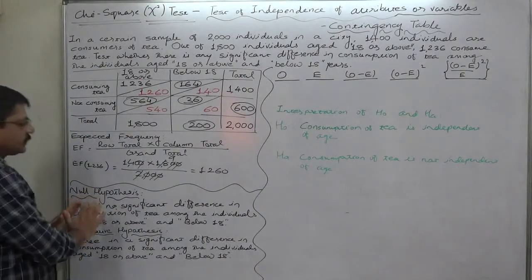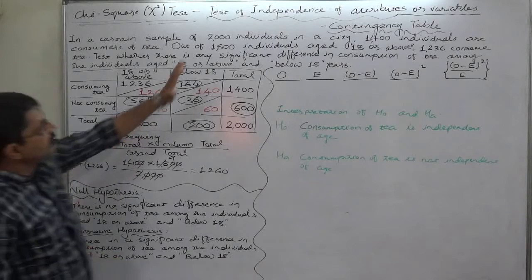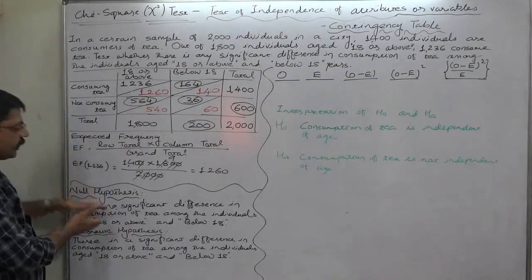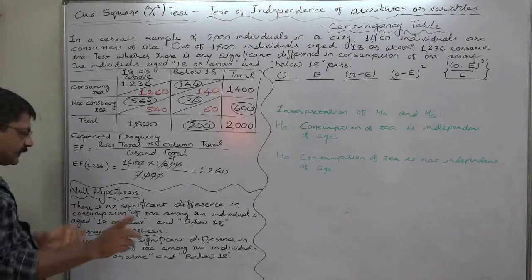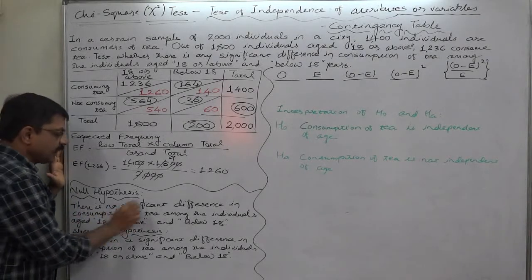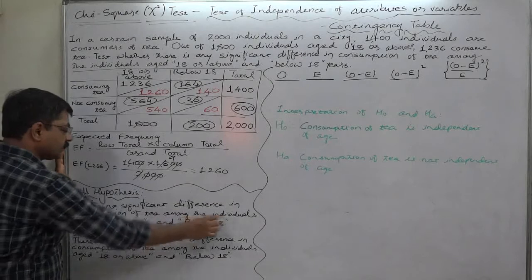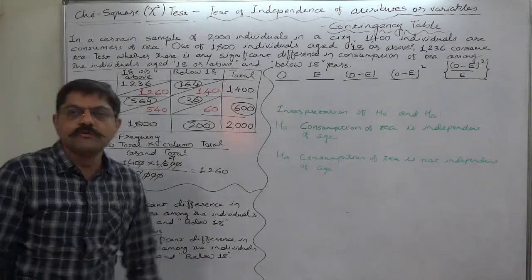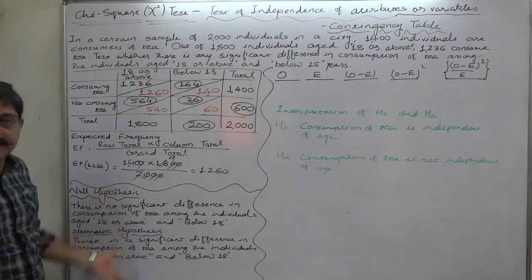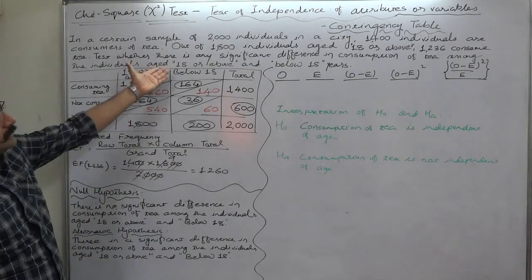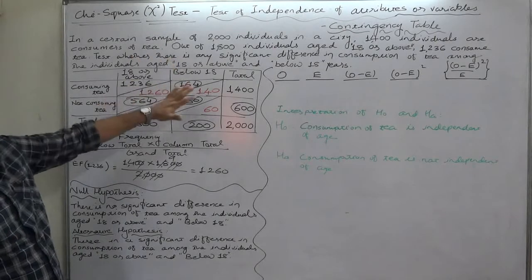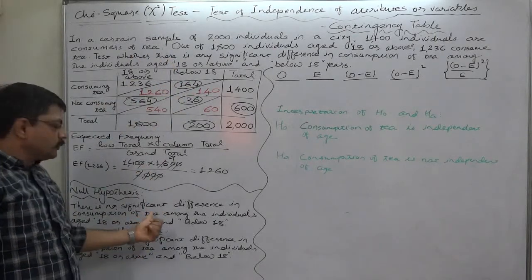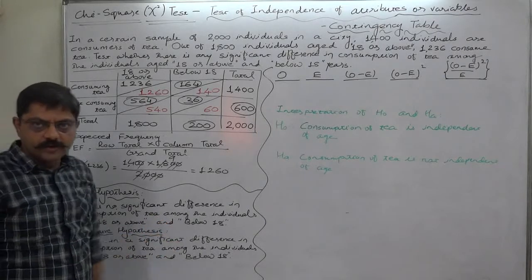I am repeating the null hypothesis: there is no significant difference in consumption of tea among the individuals aged 18 or above and below 18. Why should we write this kind of words? This is our actual case. The same wordings are in the question, and we are just following the basic rule, no difference in case of null hypothesis.